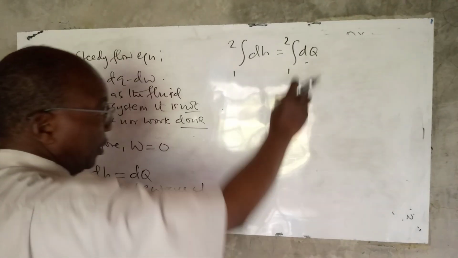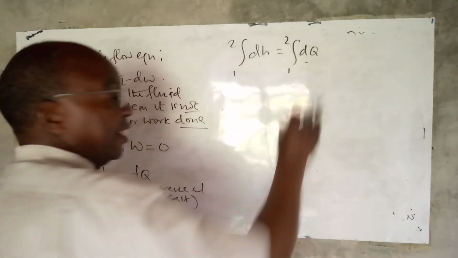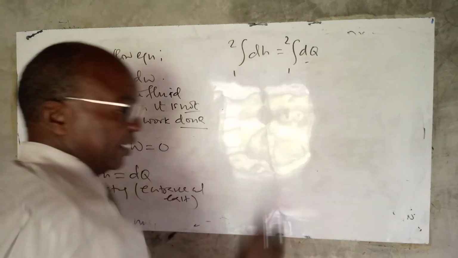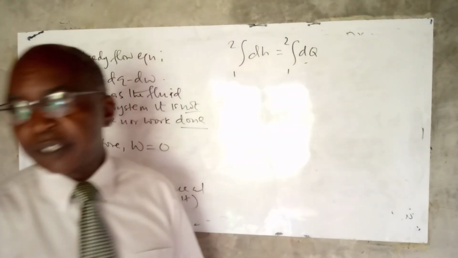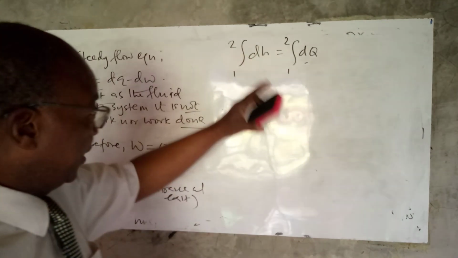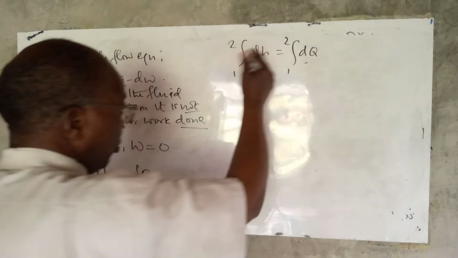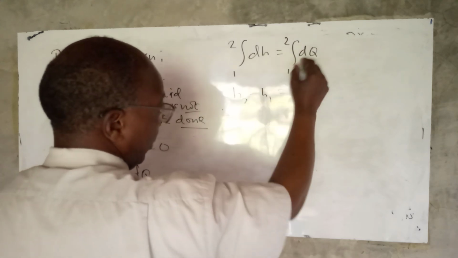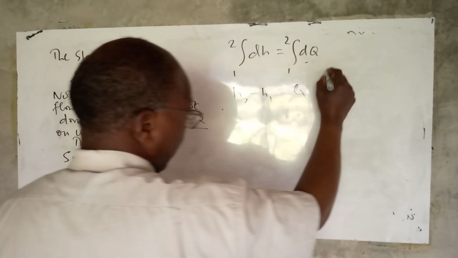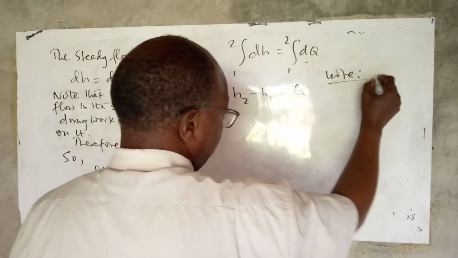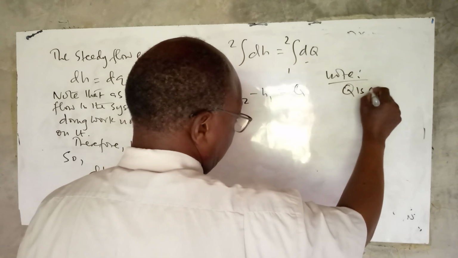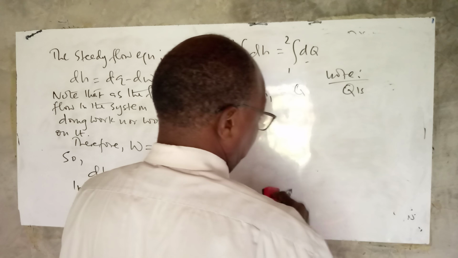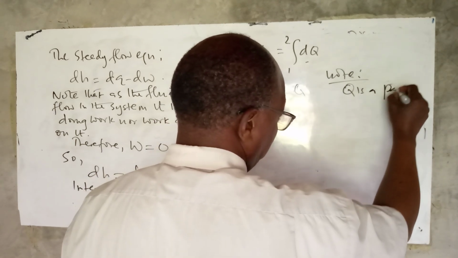So when you integrate those quantities, you don't get the change, Q2 minus Q1. But because H is a state function, which depends on the state of the system, when you integrate, you get the difference between those two quantities. So therefore, we have H2 minus H1 is equals to Q. Note, always remember, Q is a path function.